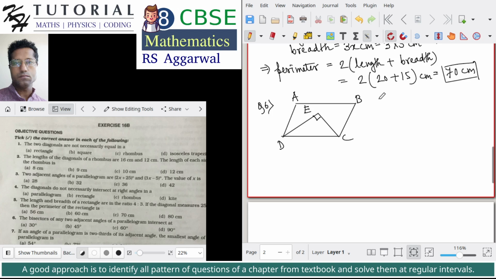We know that ABCD is a parallelogram. This implies that in a parallelogram the sum of any two adjacent angles is always equal to 180 degrees. So we will have angle D plus angle C equal to 180 degrees. Now DE is bisecting the angle D into angles ADE and EDC.